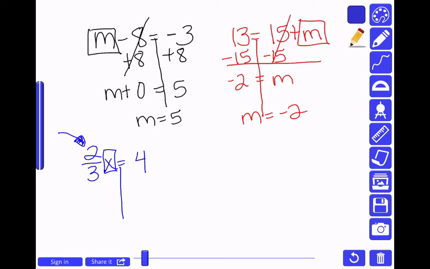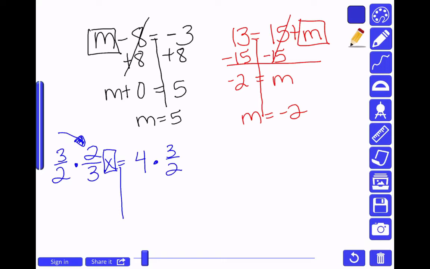So what I'm going to do here is dividing by 2/3. But if we remember, when we divide fractions, we actually multiply by the reciprocal. So instead of dividing by 2/3, I'm going to multiply by 3/2, which is the reciprocal, and I'm going to do that on both sides.